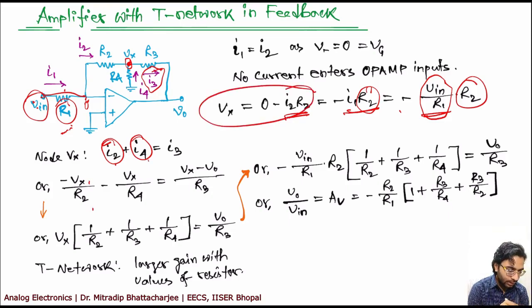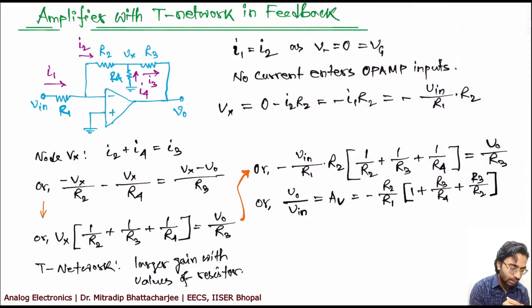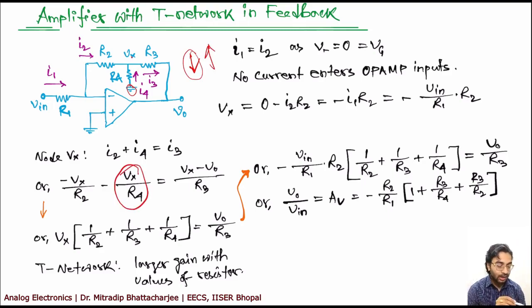Your I4 value will be minus Vx by R4 because you have taken the direction in the upward direction, right? Generally it should be in the downward direction because this part is grounded, so it is Vx by R4 equal to I4, but the direction you have chosen is upwards, so it is coming as minus Vx divided by R4.